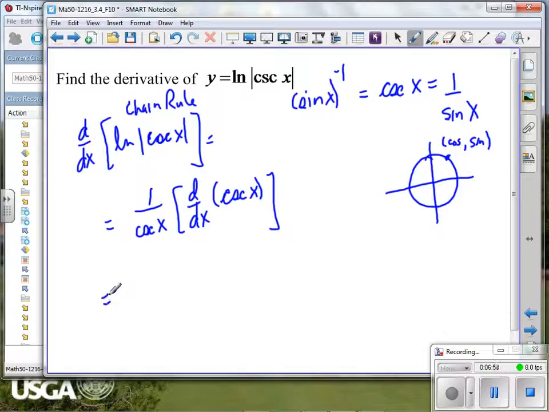Or you can go to the front of the textbook, or you can use your Inspire. You can do a lot of things to come up with the derivative of cosecant x. And we end up with 1 divided by cosecant x times negative cosecant x cotangent x.